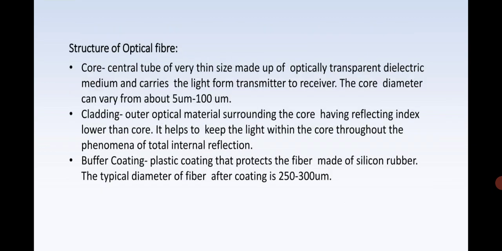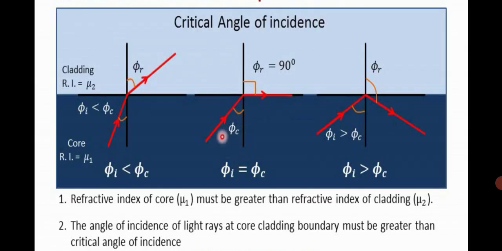Now the structure of an optical fiber: it has core, cladding and buffer coating. The core has a width of 5 micrometers to 100 micrometers, the cladding is more than that, and the buffer is more than that. The total width of an optical fiber is 250 micrometers to 300 micrometers.